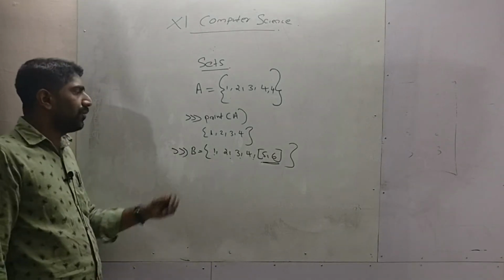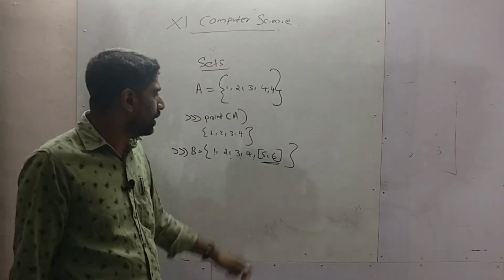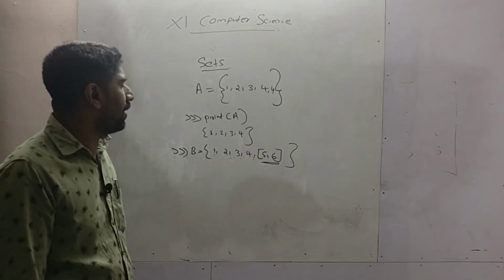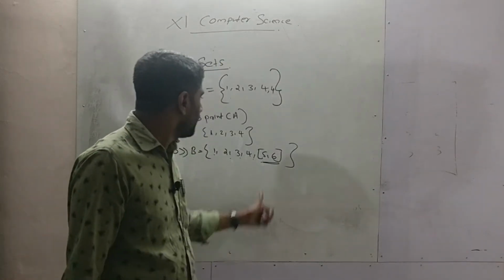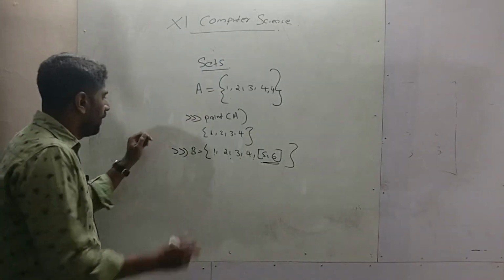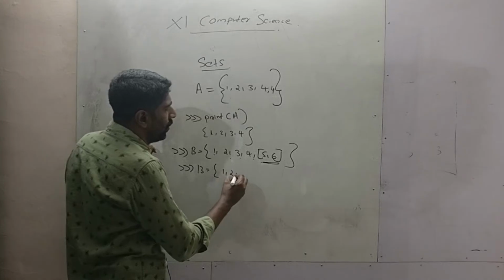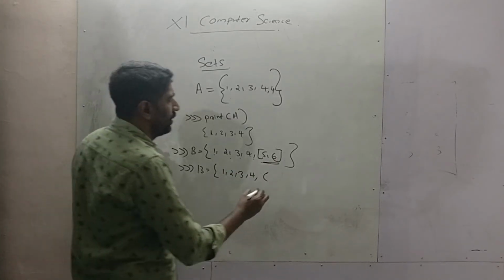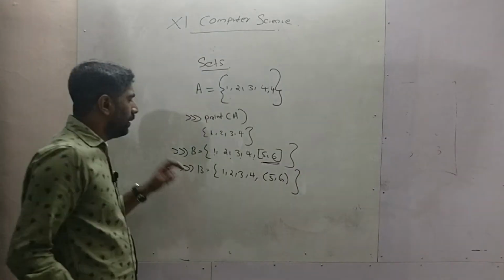Suppose if you are trying to print b, then it's an error. It's an error only because it contains a list, and a list is a mutable element. A mutable element must not be contained in a set. Another example, b is equal to 1, 2, 3, 4, instead of a list I just put a tuple. Yes, it's correct.